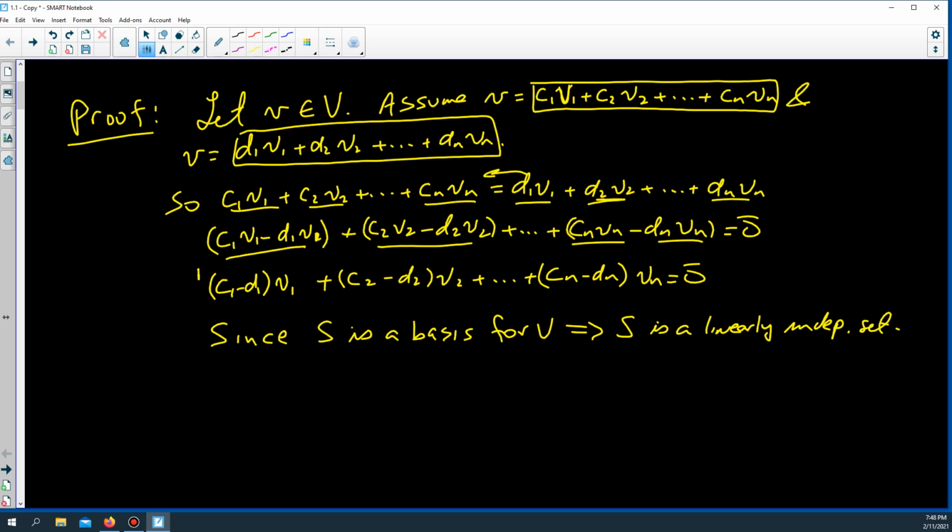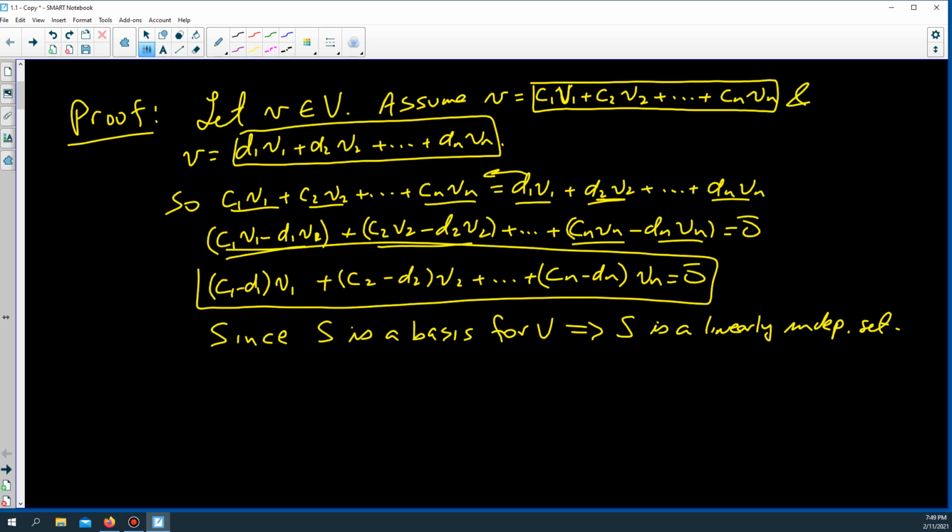So, if this is 0, that is, if I found these real numbers that I multiply by v1 and v2 and all the way up to vn and I add them together and I get 0, then all the coefficients must be 0.